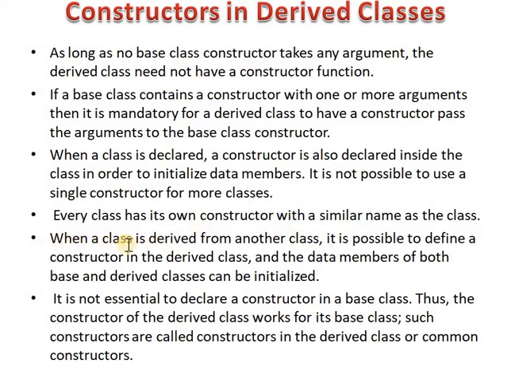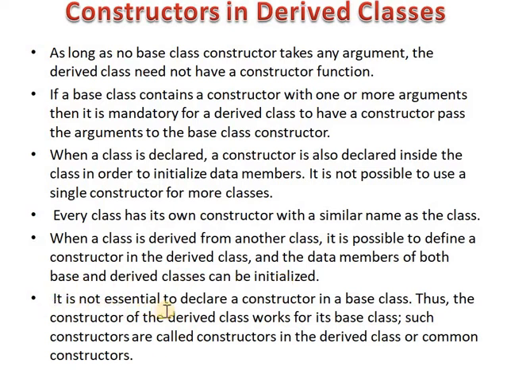When one class is derived from another class, it is possible to define a constructor in the derived class, and the data members of both the base and derived class can be initialized in that constructor.